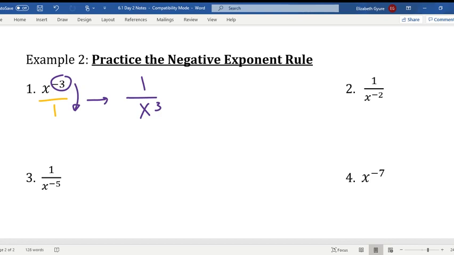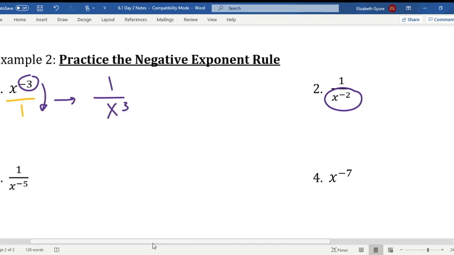Here in number 2, it's already on the bottom. So where do I need to move it? If it's already on the, what, Hayden? Exactly, yeah. That's a good way to think about it. You're basically just flipping it around, right?